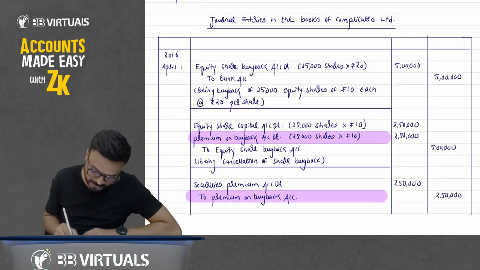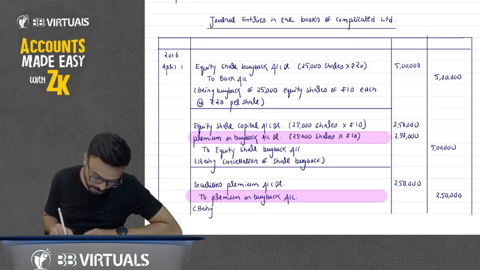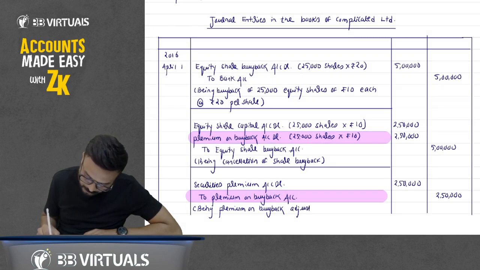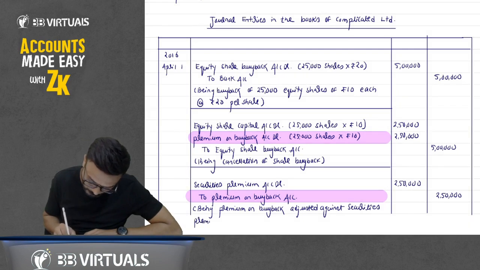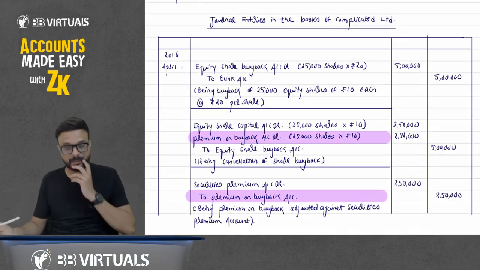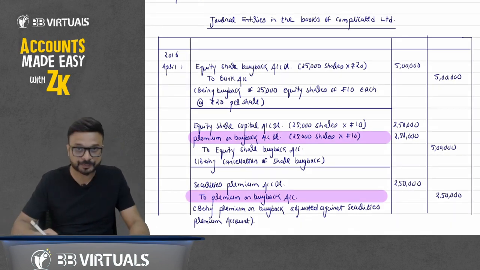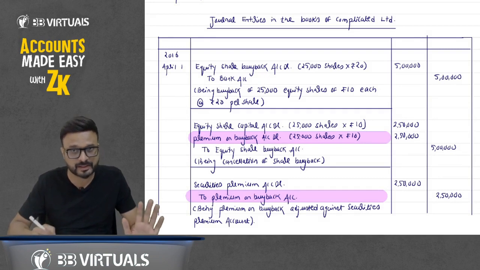So write down here being premium on buyback adjusted against securities premium account. The first entry we have passed for equity share buyback. First we have purchased, then we have cancelled the share, and then we have adjusted the premium on buyback.